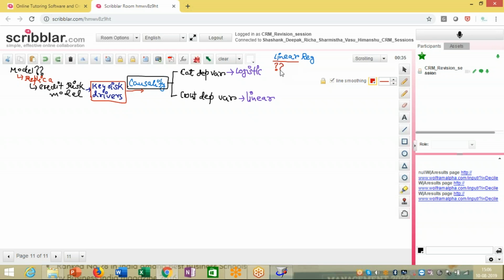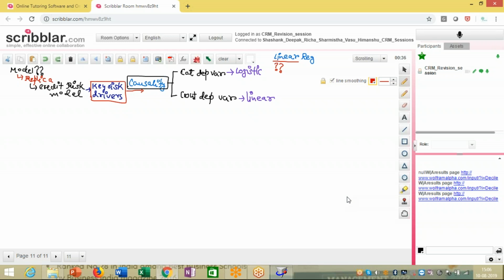What does linear mean? Directly proportionate relationship between independent and dependent. Correct. This is absolutely correct. So a linear relationship means that they are proportionately related to each other, right?